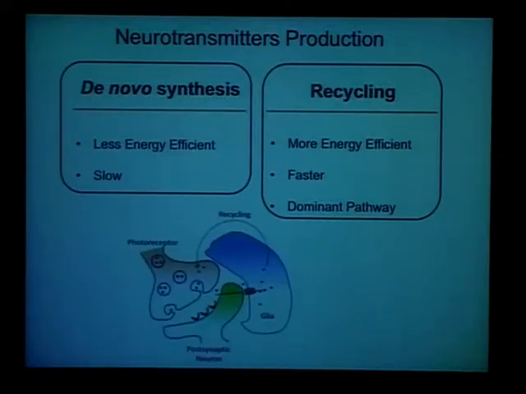So here comes the role of glia, which plays a very important role in this recycling mechanism, because it takes up all the used neurotransmitter present in the synaptic cleft, and then recycles it back to the photoreceptors.